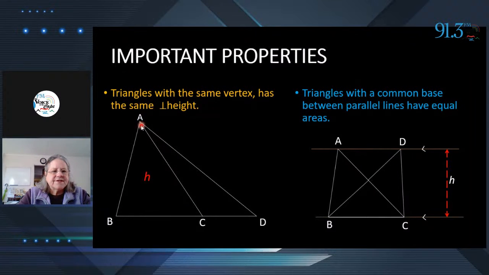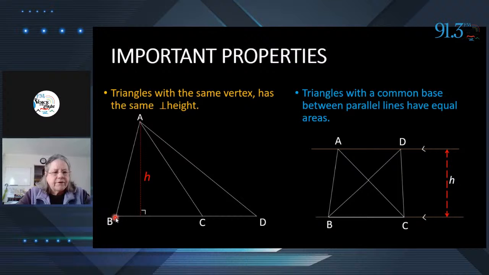They also have the same height. So there's the height. It's pretty important, because some of the most difficult questions hinge around this concept. They do not ask this every year. However, you need to understand this if the proof for the theorem is asked. So I'm just repeating here: triangles with the same vertex have the same height, and it's the perpendicular height.